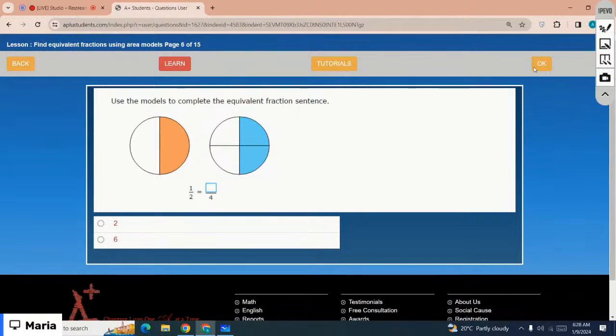Yes, that is 2 out of 4. 2 out of 6, 2 out of 4 it is.